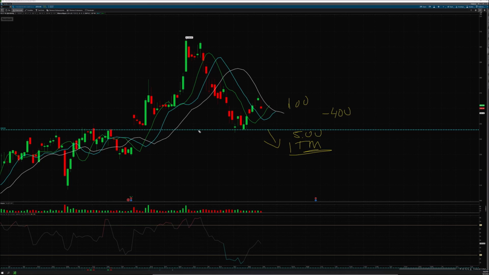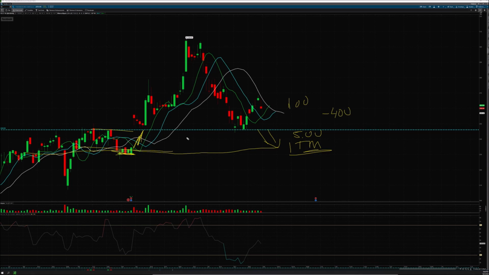Now, if I still believe that Facebook is gonna bounce off of here, you see, let's say it comes down here. Okay, this is right there. And I was like, well, it got down to this price again, and it gapped up. So it came down, it filled the gap.